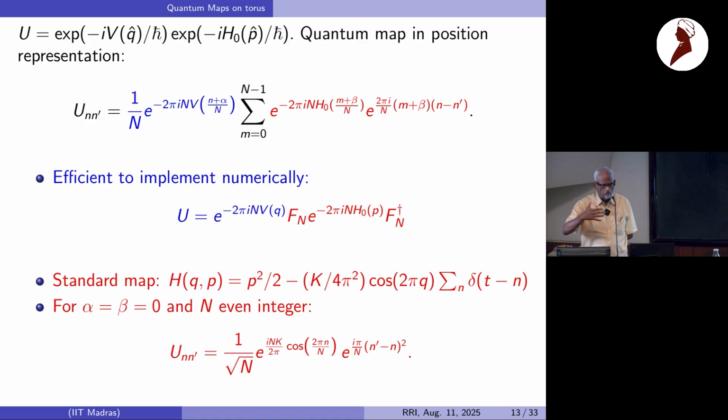We have also done some work where we couple one system to another. This can be a weak coupling, and then you look at the subsystem evolution. For that, you have a quantum map.